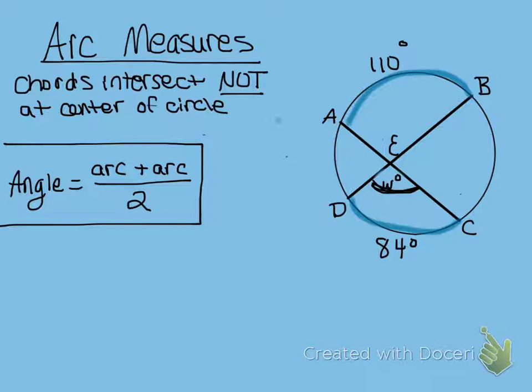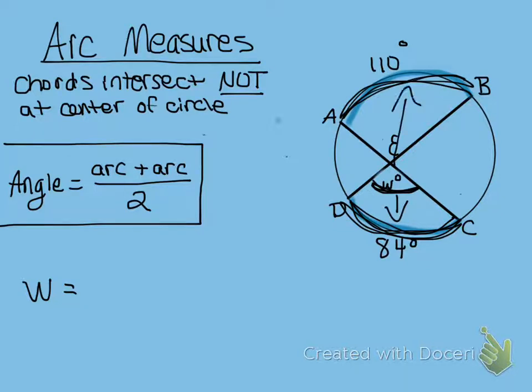So for this one, if we needed to find out this angle measure, we know that that's W, so we'll plug it in, equals, we're looking at the two arcs across from each other. Okay, now this one and the one across from it.